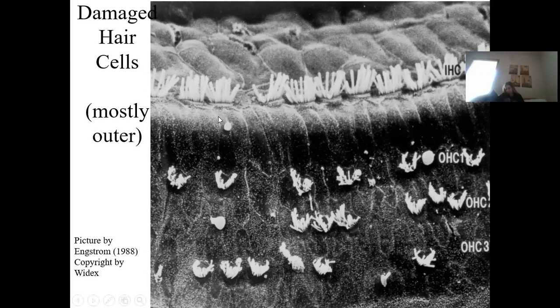And the most common cause of sensory neural hearing loss is called old age hearing loss. Hearing loss in the elderly. The word for hearing loss in the elderly looks a little bit like Presbyterian. Okay? It's presbycusis.